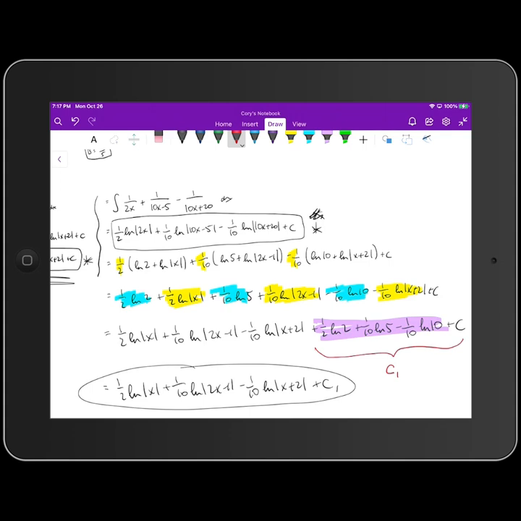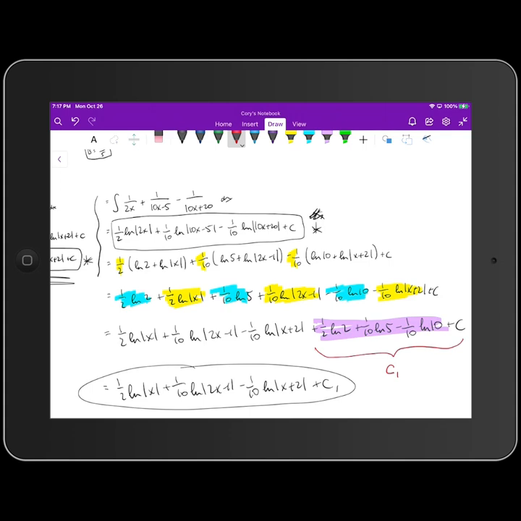And then I took the three constant terms, highlighted in blue, and listed those next, which is 1/2 the natural log of 2 plus 1/10 the natural log of 5 minus 1/10 times the natural log of 10.